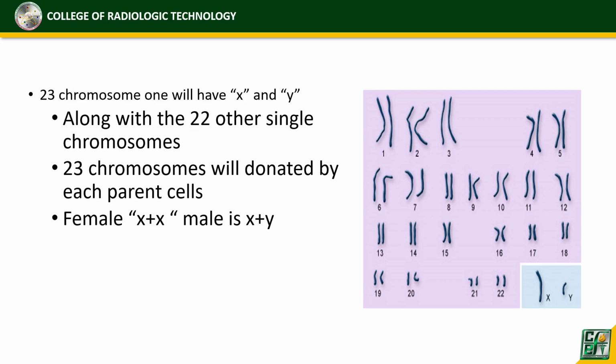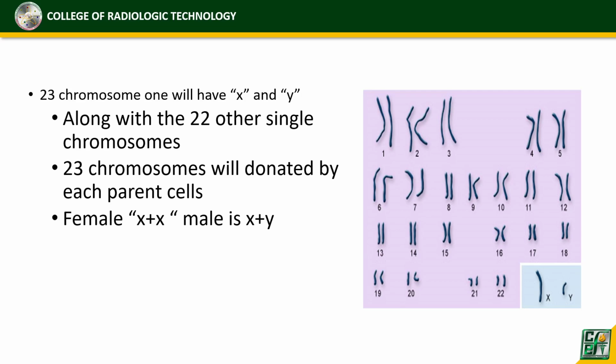So again, kapag parehas X ang ika-23rd chromosomes ng both egg cell and sperm cell, so it will produce a female offspring. Okay?